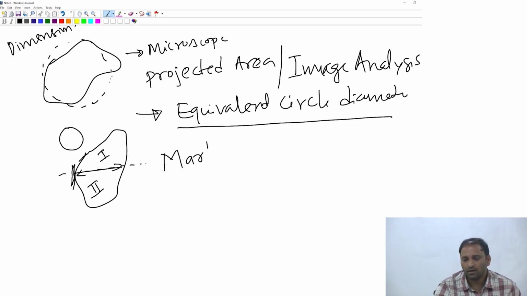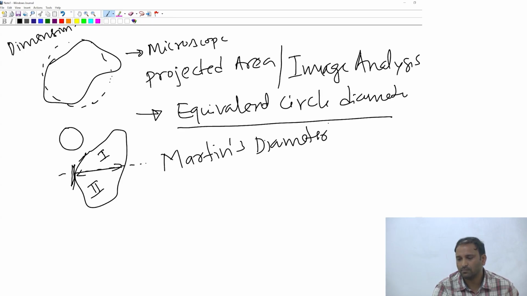In literature it's called a Martin's diameter. So you take an object, you find a bisector, and as long as the area on the two sides of the bisector is the same, you find the length of that bisector, which divides the particle into two areas, and the dimension corresponding to that is the diameter of the particle.